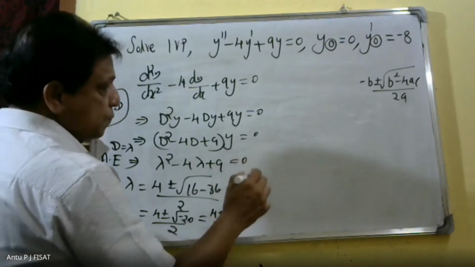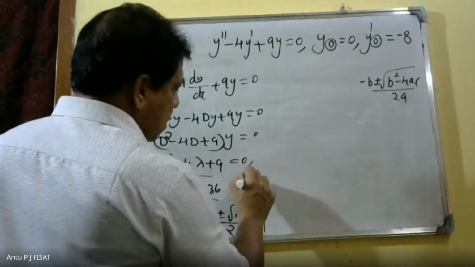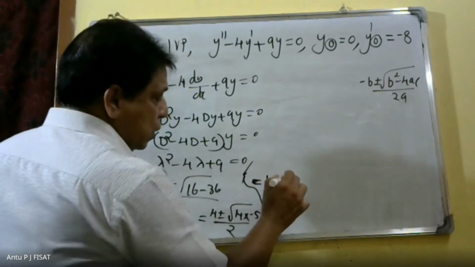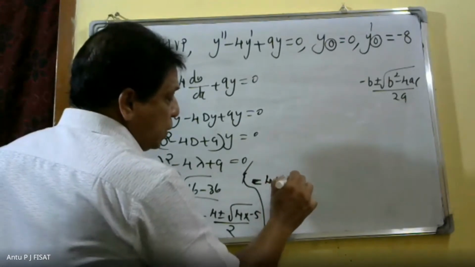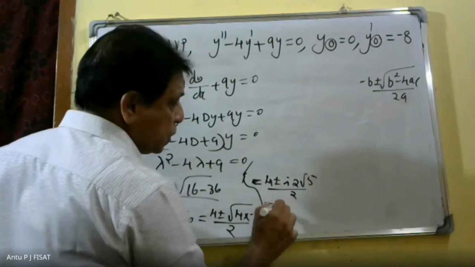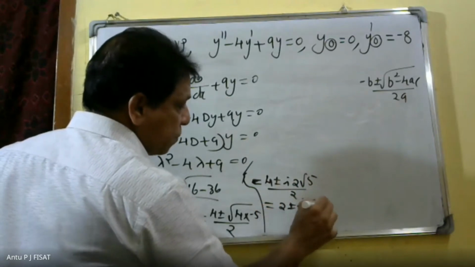Then this is equal to 4 plus or minus i into 2 root 5 divided by 2. This is equal to 2 plus or minus i root 5.